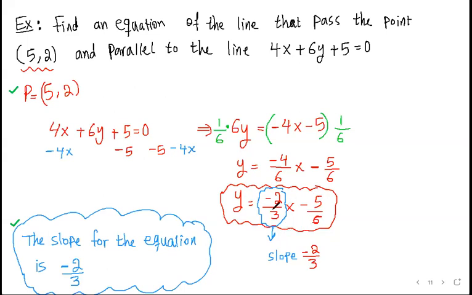The slope for this equation is exactly like the slope of the equation I'm looking for. So the slope for the equation I'm looking for is minus 2 over 3. And I have the point from the question, 5, 2.